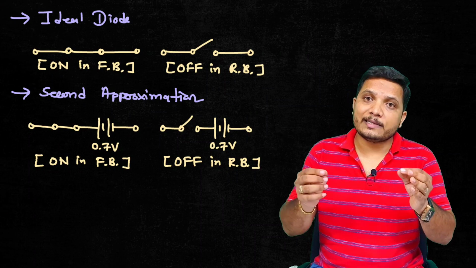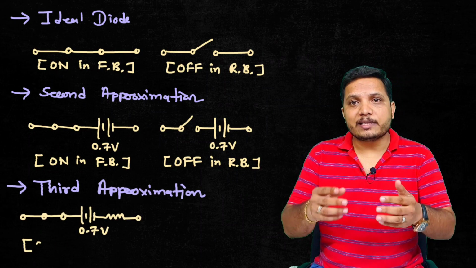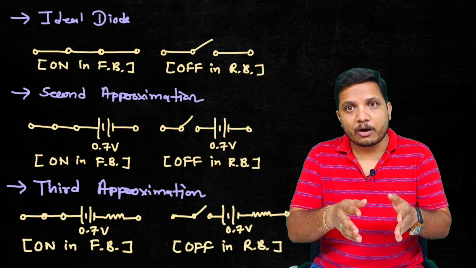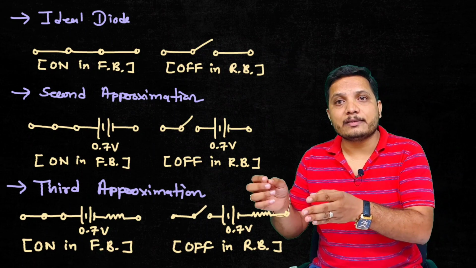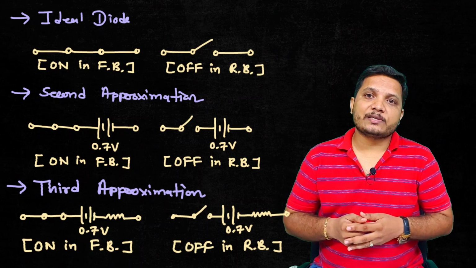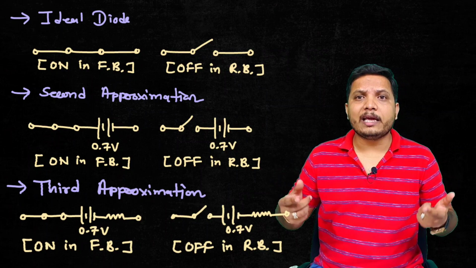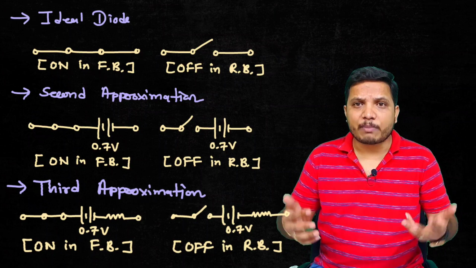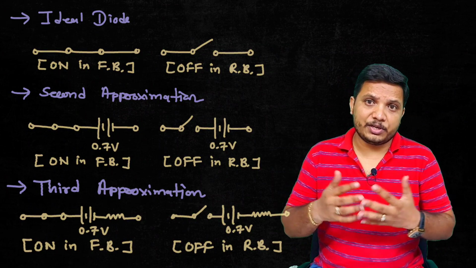For silicon, it is 0.7 volt. In the third approximation, we consider the diode as a switch in series with a battery of 0.7 volt in case of silicon, in series with forward resistance RB, right? So that is how the approximations are, and based on these approximations we consider the working of any circuit in basic electronics, analog electronics, power electronics, right? So one should know these basic approximations.